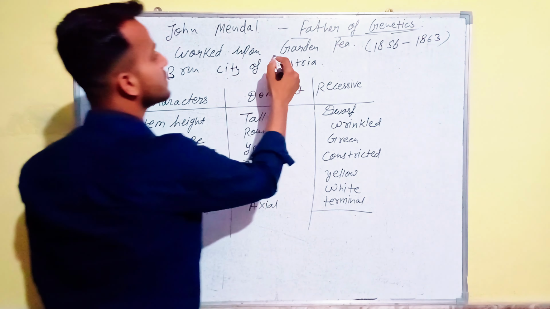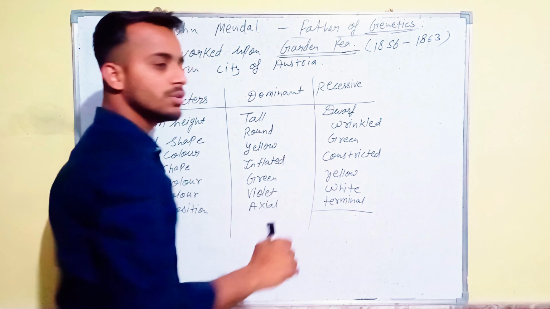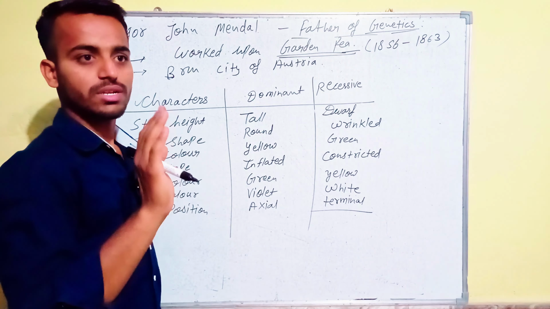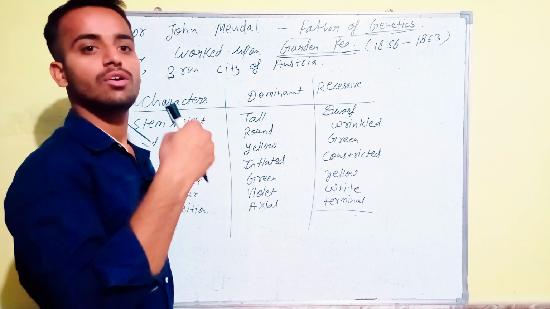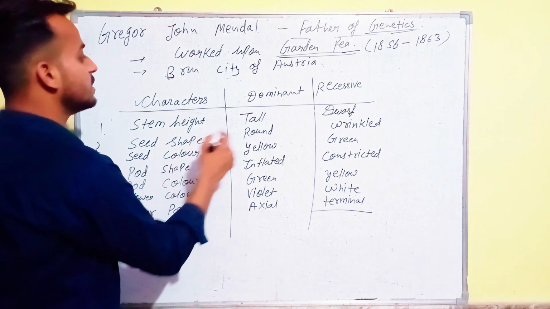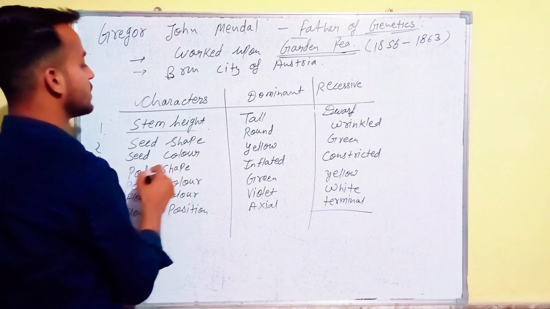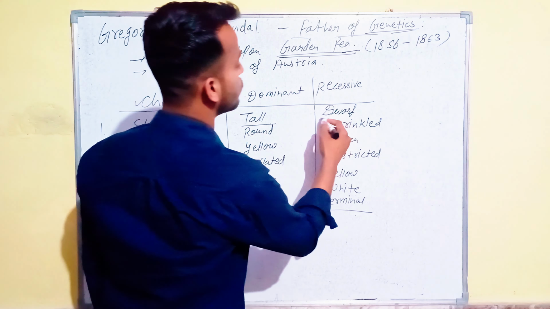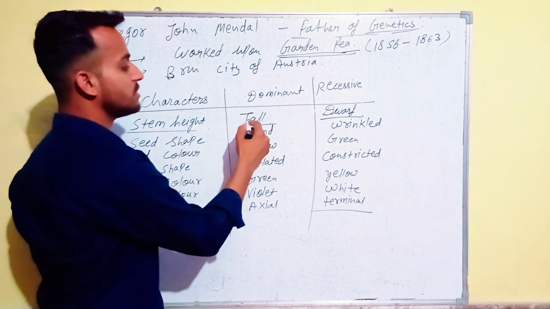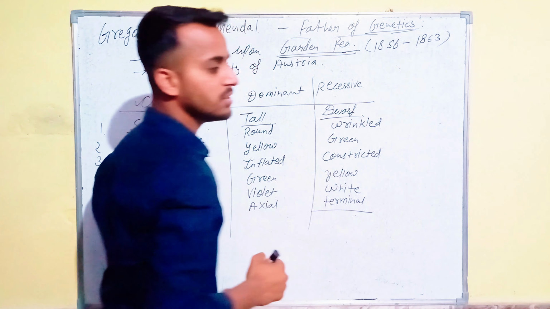Now the garden pea has seven contrasting characters. Contrasting characters means they also have their opposite characters, like stem height. If we take the example of stem height, it has two characters. Dominant character is tall and recessive character is dwarf.